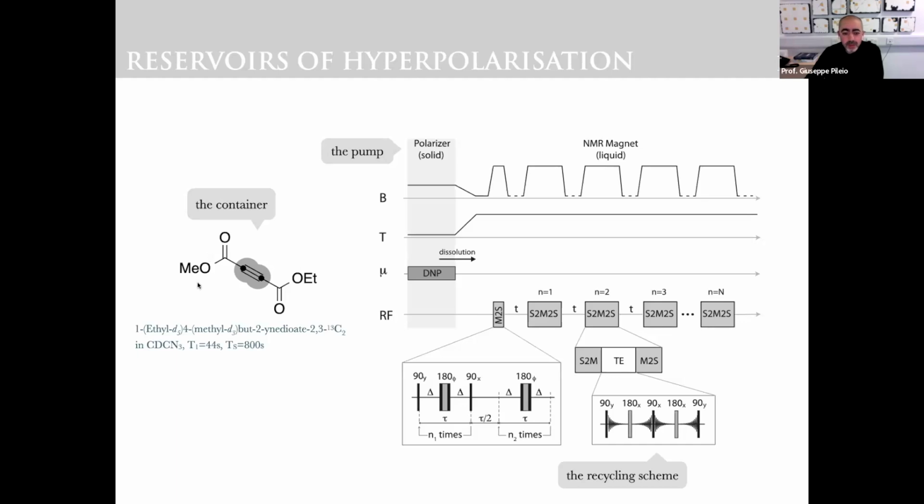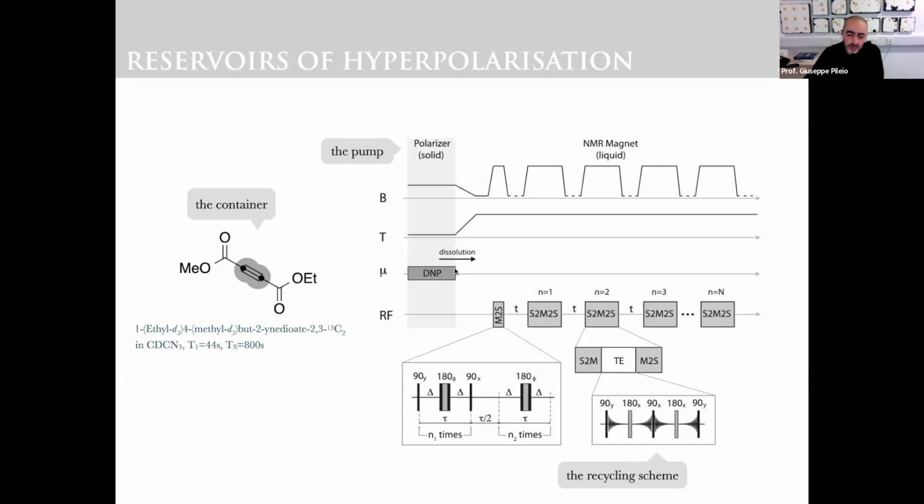So then you can take this container into the dissolution DNP machine of Jan Erik and create some hyperpolarized spin order. Now that spin order will be lost within a few T1s, so literally a few minutes. But what you do immediately, you can convert into long-lived spin order by running an M2S pulse sequence.